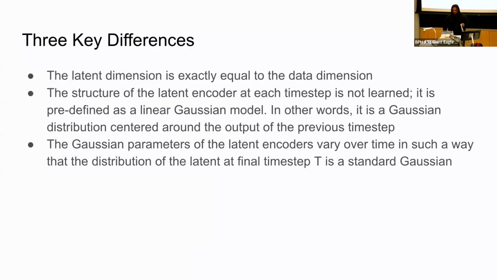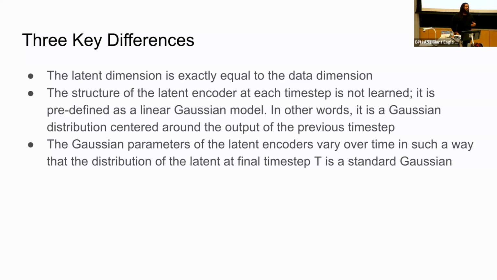What we're doing today are diffusion models, and the key differences between a Markov hierarchical VAE, or MHVAE, and a diffusion model are that the latent dimension is exactly equal to the data dimension. Also, the structure of the latent encoder at each time step isn't learned.